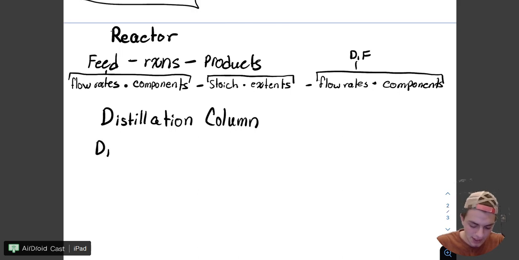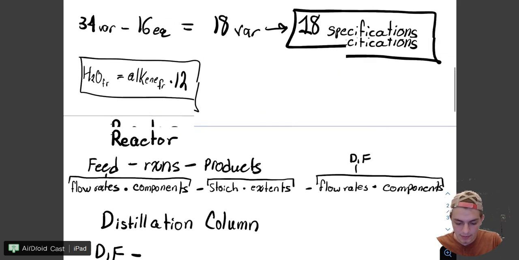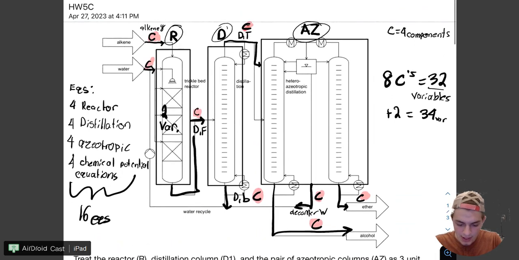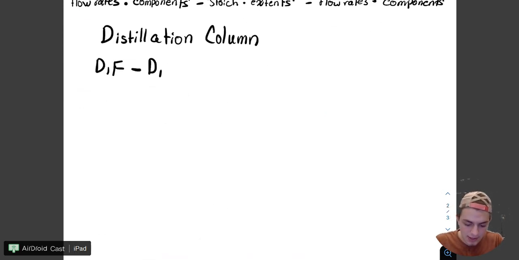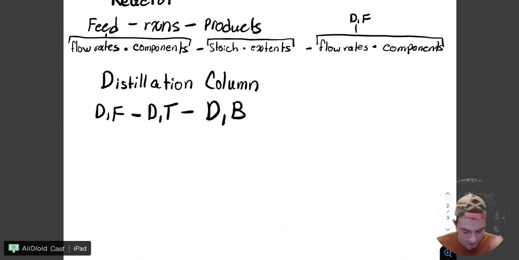So we'll do D1F minus our products, which will be two different pipes leaving here. We have the bottoms and we have the tops. So minus D1 tops minus D1 bottoms. And all of those are going to be, of course, taking into account their flow rates there as well.